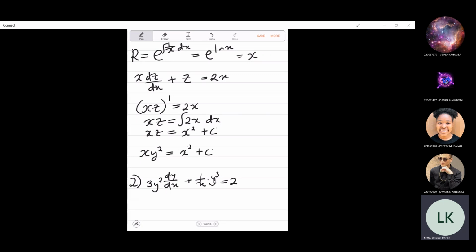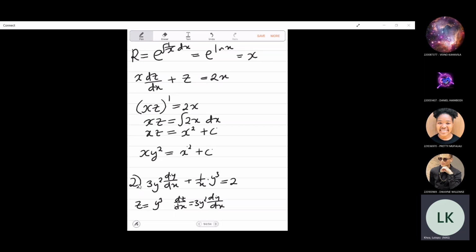Okay, so 3y squared is the derivative of y cubed. So I can just make the substitution. We say z is equal to y to the power of 3, and then dz/dx is 3y squared dy/dx.